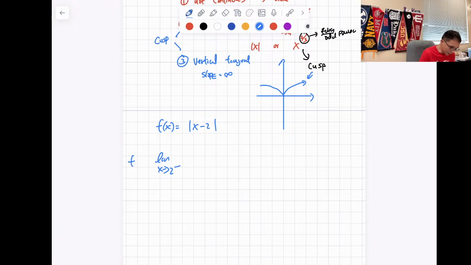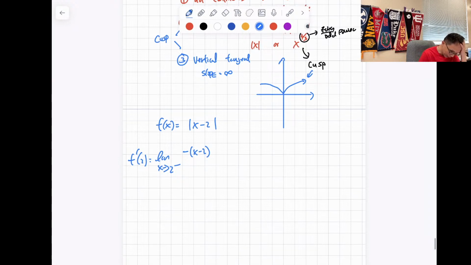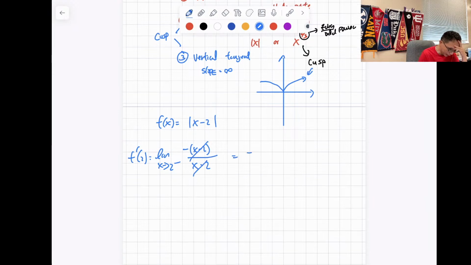If I use f prime of 2, I'm going to use the alternative definition of the derivative. So that's going to be negative (x - 2). Is that okay? Because I'm coming from the left side, I use the negative version of that equation over x - 2, because I'm using the alternative definition of the derivative. This will plug in, and that's going to give me negative 1.